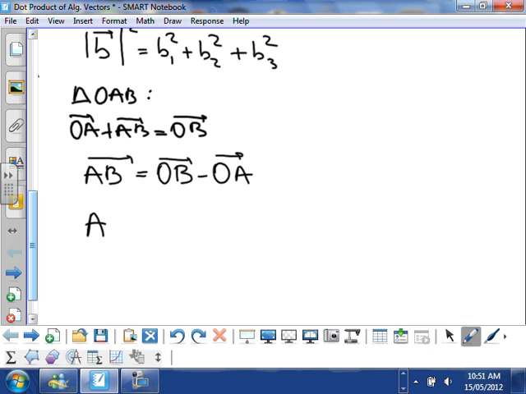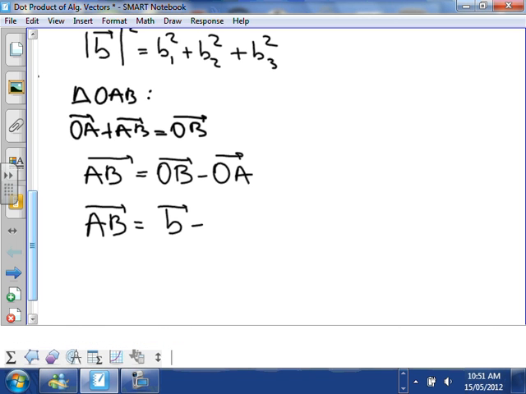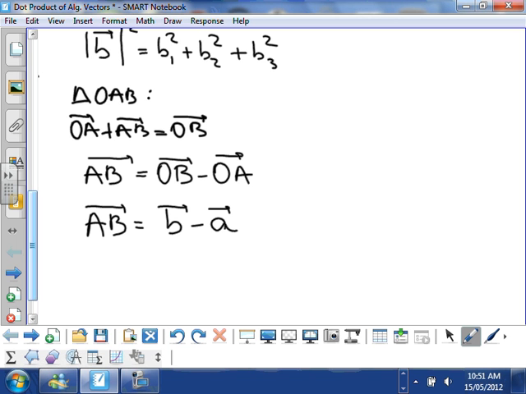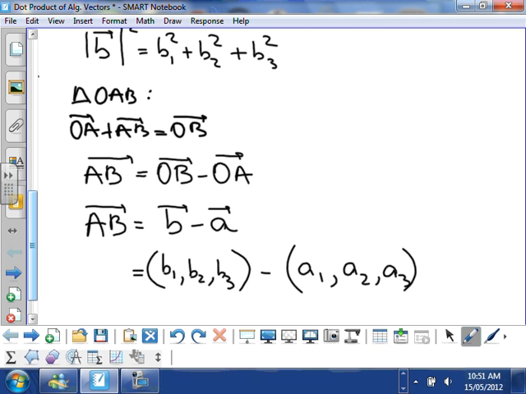As a result, AB can be written as OB, which is vector B, minus A, or using the components, vector B is B1, B2, B3 minus vector A using components A1, A2, A3.